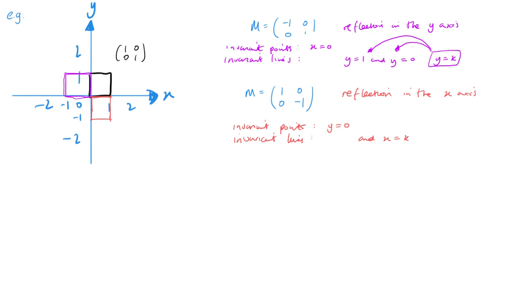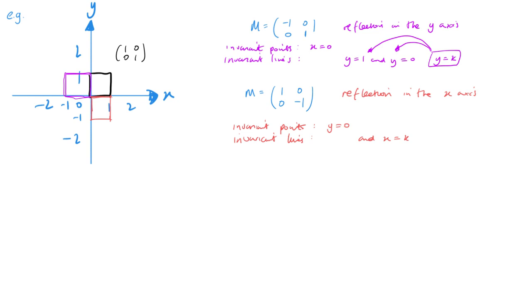So that's why they're invariant lines, and the invariant points are the ones that stayed exactly the same. So hopefully I've cleared that up. There were probably some of you watching this questioning what I was saying earlier. Hopefully now that makes sense.